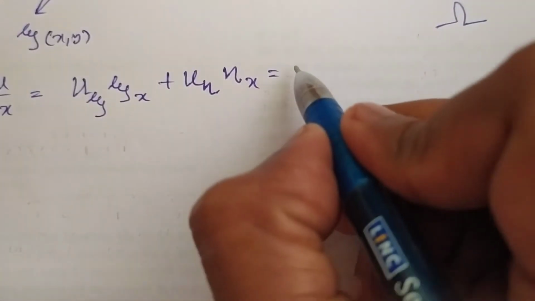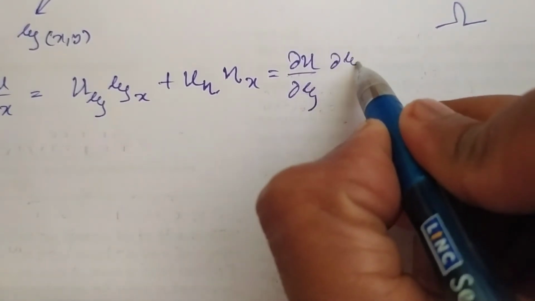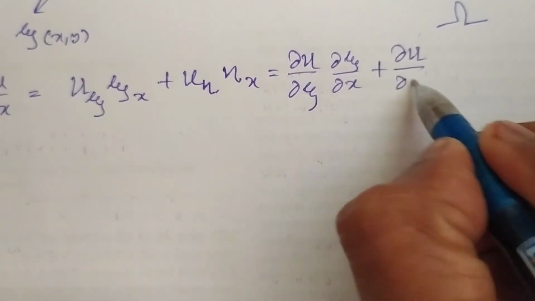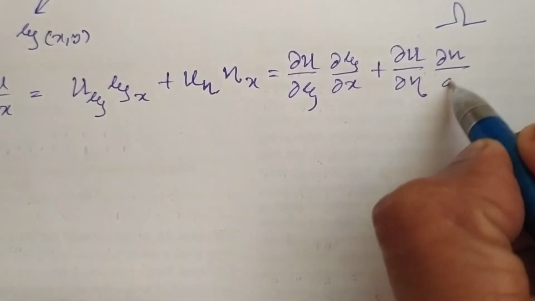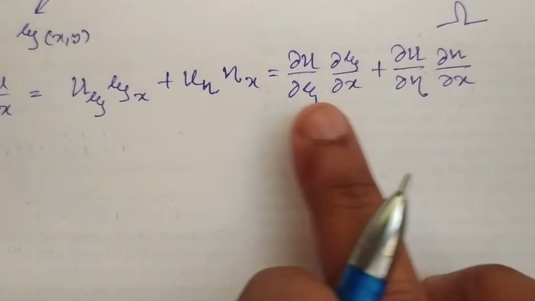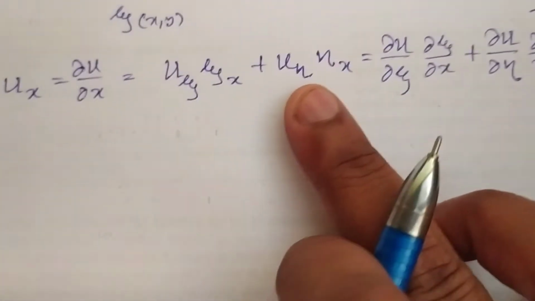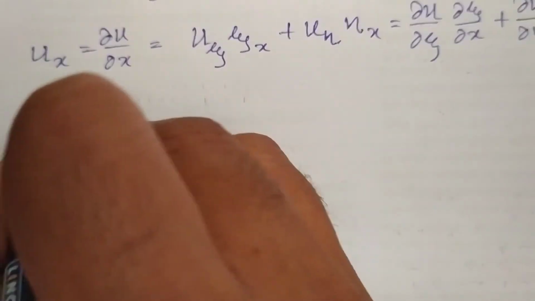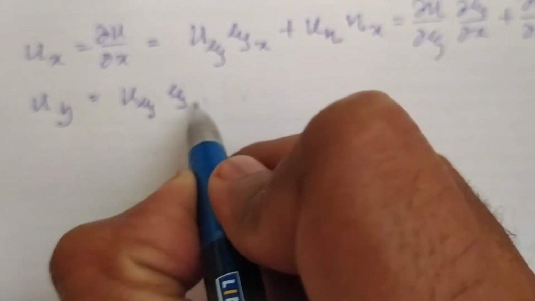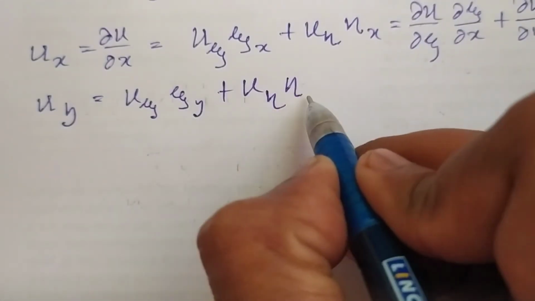If I write more explicitly, this looks like del u del xi del xi del x plus del u del eta del eta del x. A point to be noted is that for simplicity we will not write the whole thing, and we will simply write using the suffixes. Now u_y is u_xi xi_y plus u_eta eta_y.